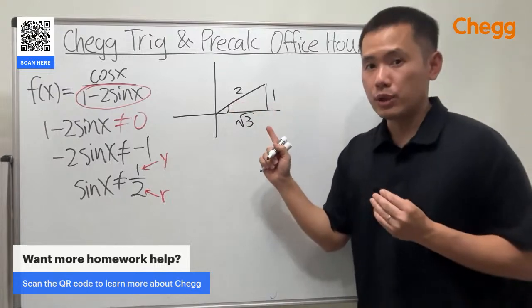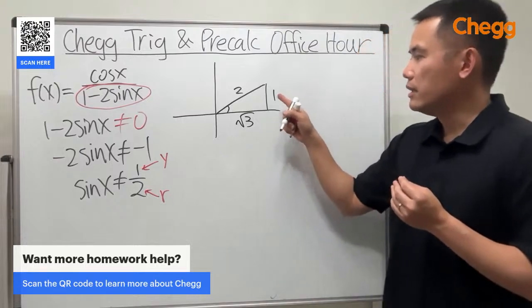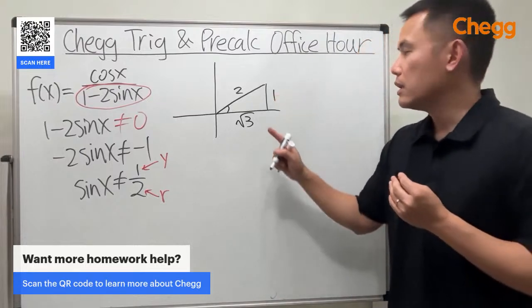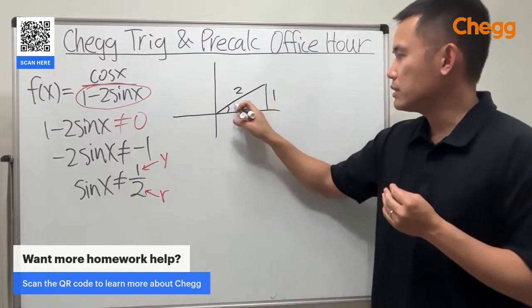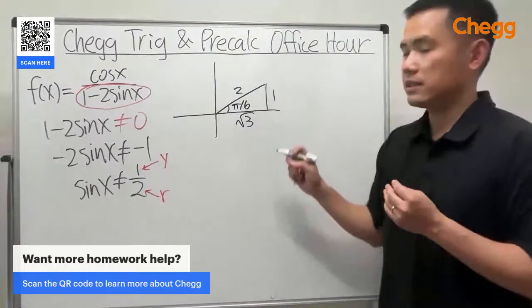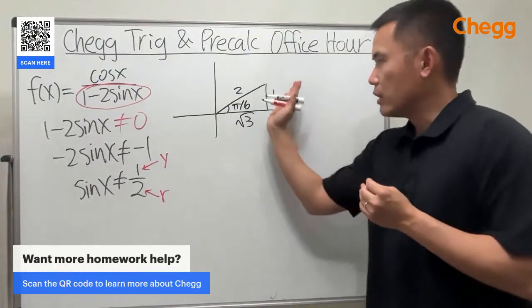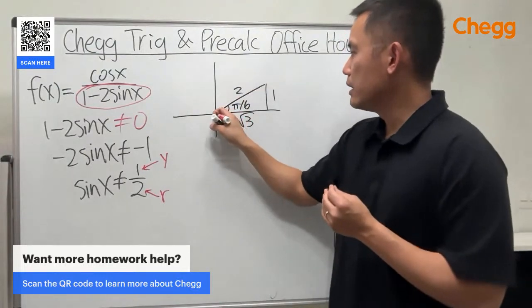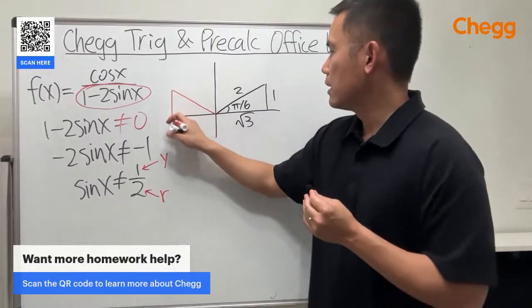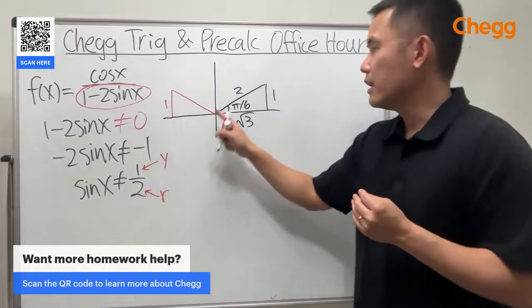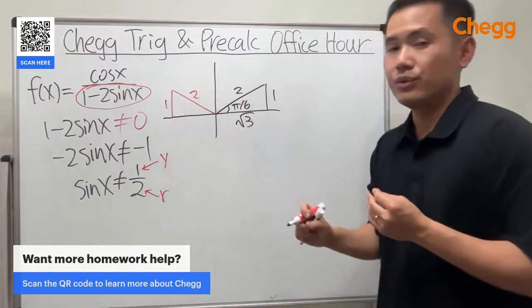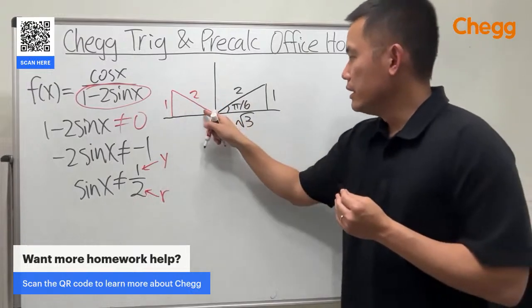As you can see, you have to know your special right triangles. This is the 30, 60, 90 special right triangle, and this is the smaller side. So this is going to be 30 degrees, which is pi over 6. Now, you can also go to the other side like this, because that will also give you y being equal to 1, and r is still 2.